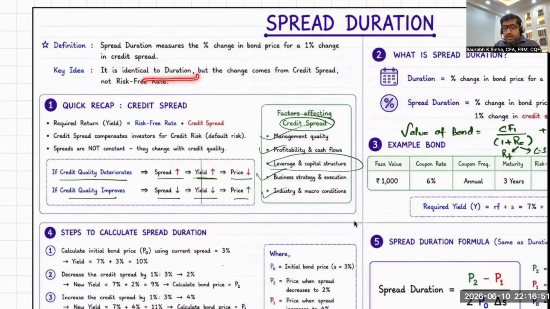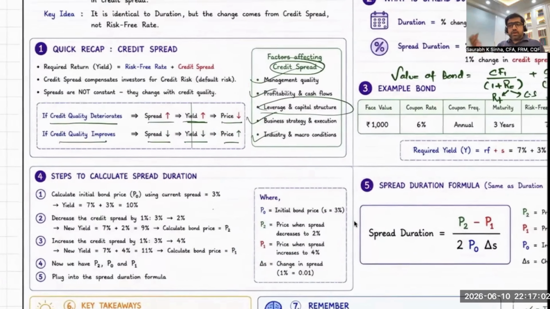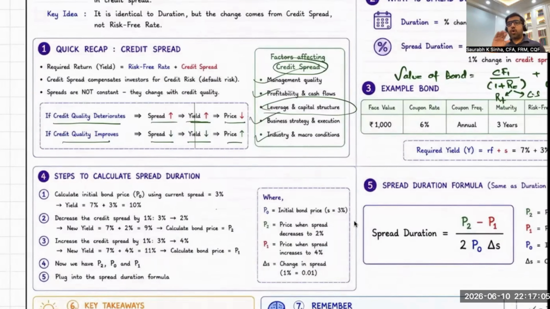It is identical to duration, but the change comes from credit spread, not the interest rate in the market, not the risk-free rate in the market. So, what do you have to do? If I'm saying it is on an average percentage change in the bond price due to 1% change in credit spread, how would you calculate it? You will give shock to the credit spread, not the interest rate.